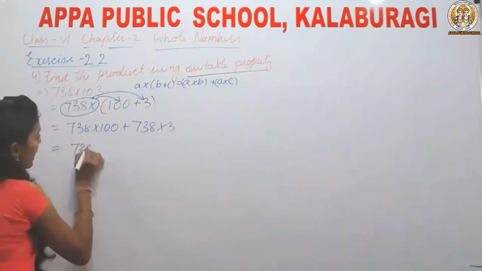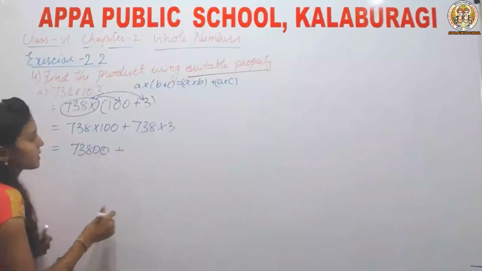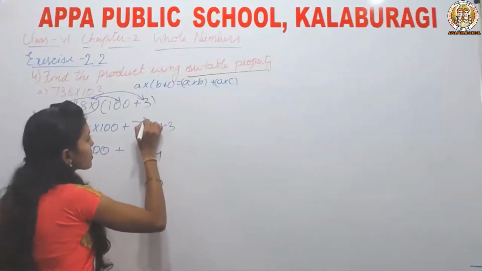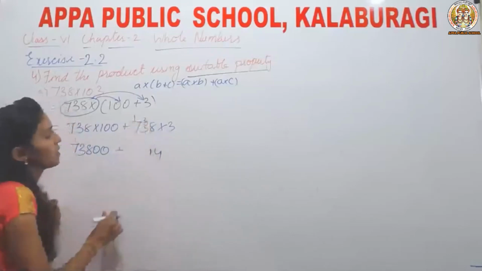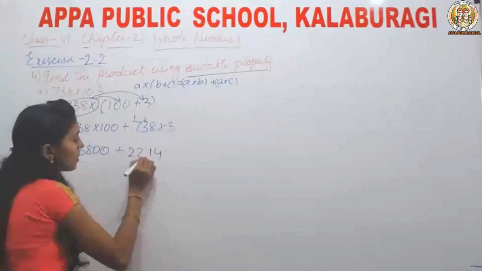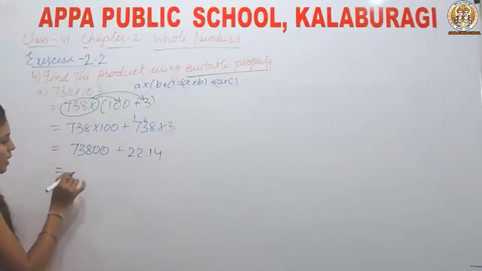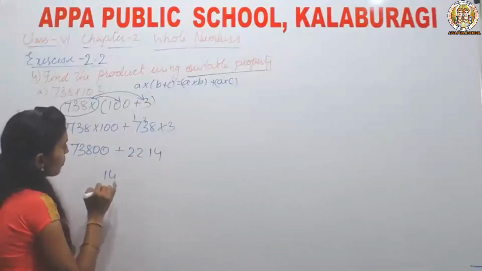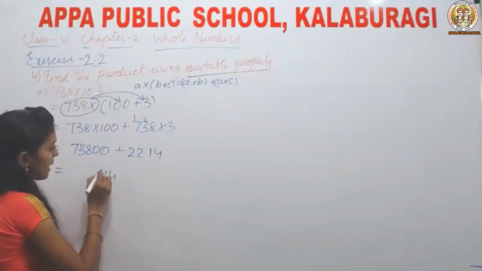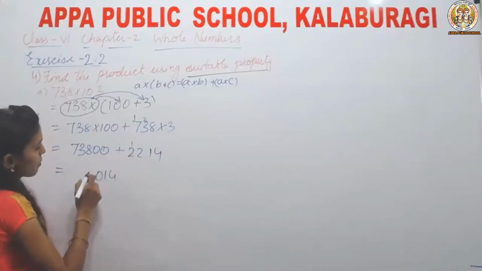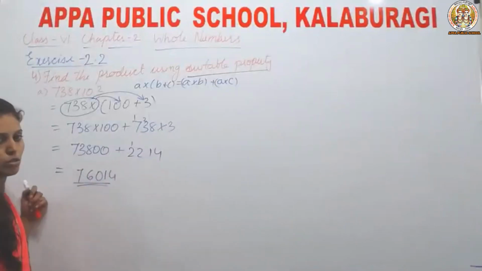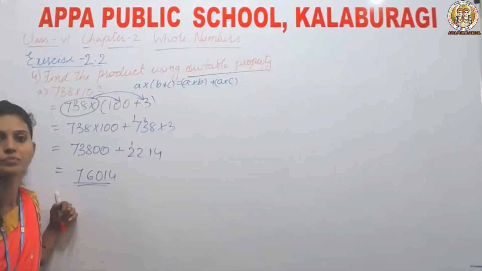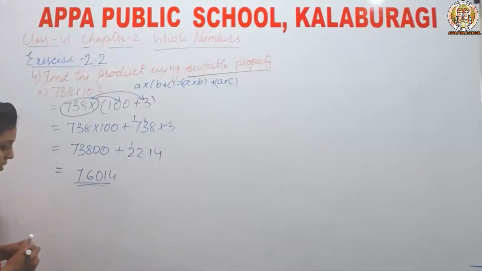So 73800 plus 3 8s are 24, 2 carries, 3 3s are 9 plus 2, 11, 3 7s are 21, 22. Now add: 4, 8 plus 2, 10, 3 plus 2, 5 plus 1, 6, and 7 as it is. Adding these two numbers, over. Right? Yes. Next one.